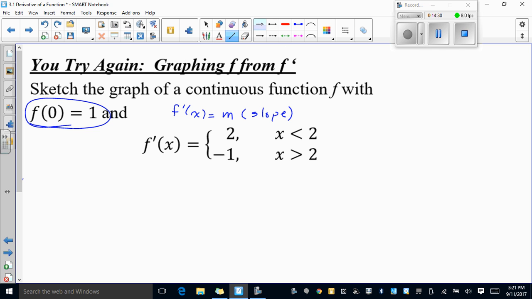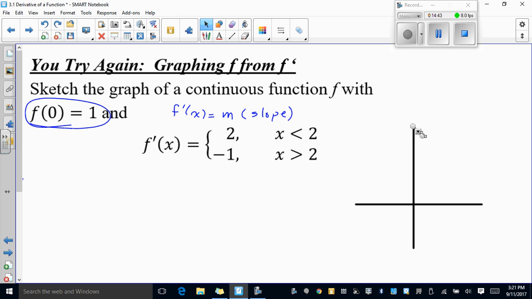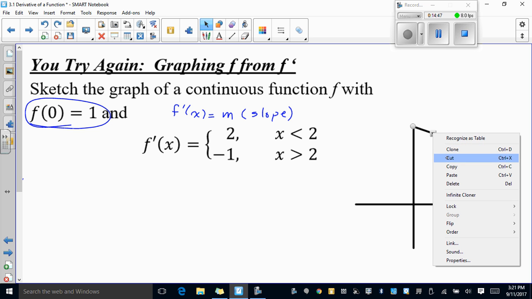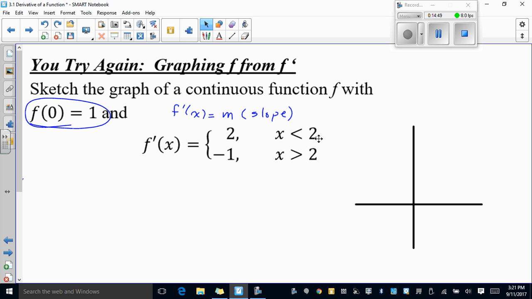Make one through here, and let me clear that out. And all I know is that I've got a few little points in there. And from this point on, I'm going to sketch. It's a sketch, which means just that.